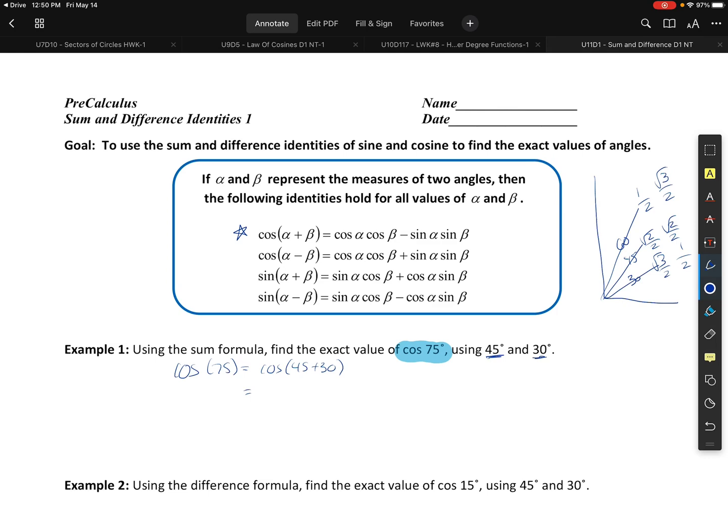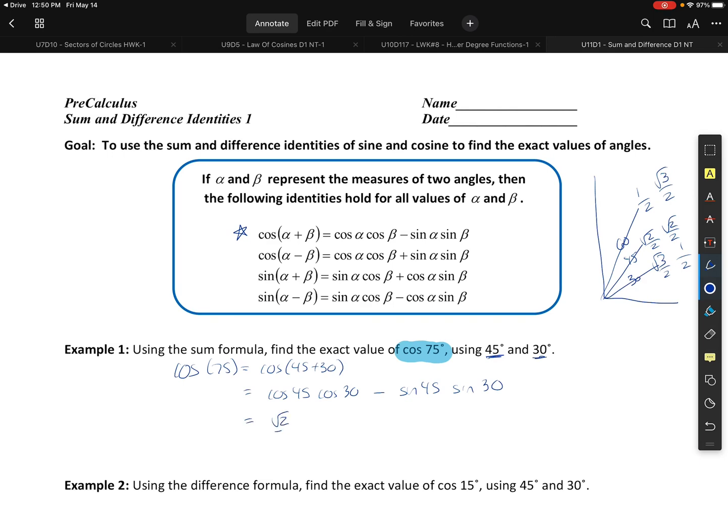Using my formula, cos 45 cos 30 minus sine 45 sine 30. So I laid it out entirely with 45s and 30s. And now I can jump to my unit circle.